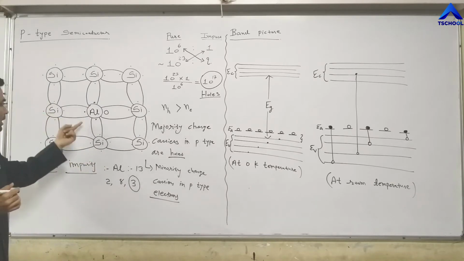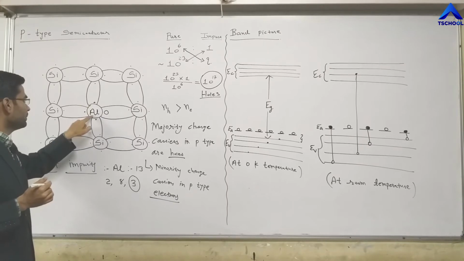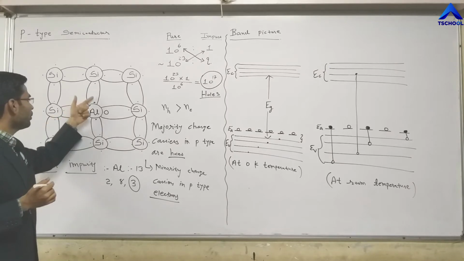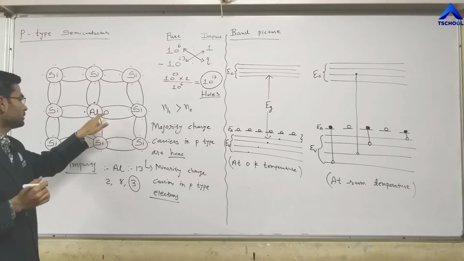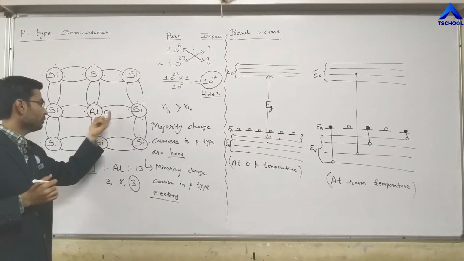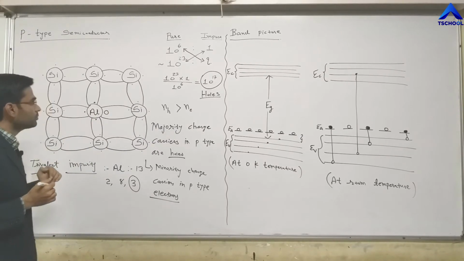Whenever we add trivalent impurities, 3 electrons of the aluminum atom participate with neighboring atoms and form covalent bonds, and at the fourth place there is a deficiency of an electron, meaning a hole, which has the ability to attract an electron.